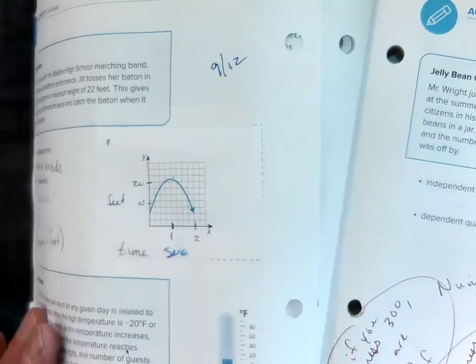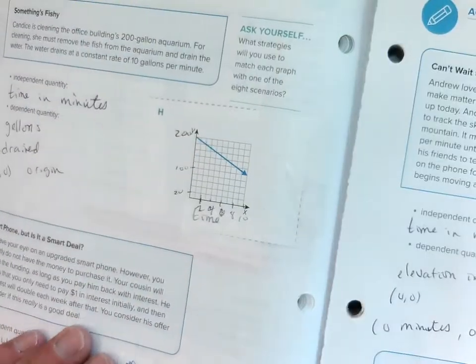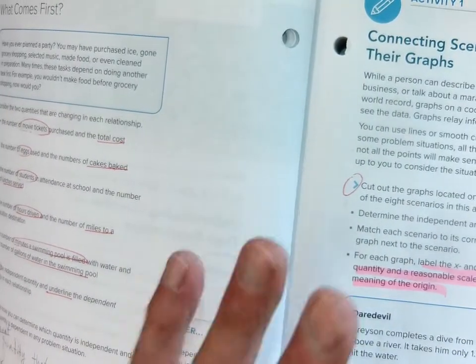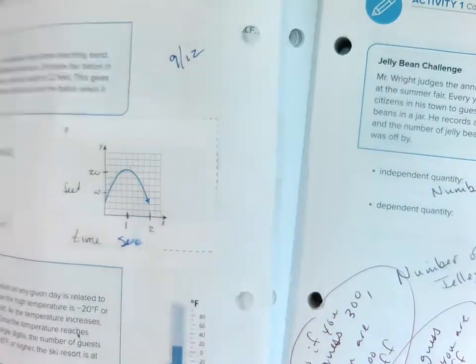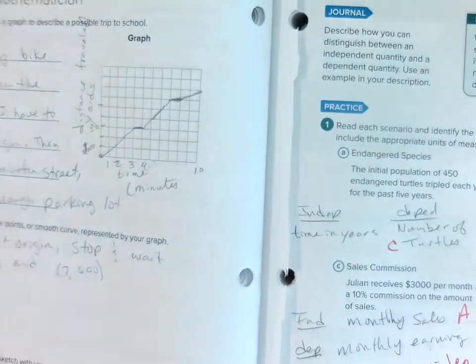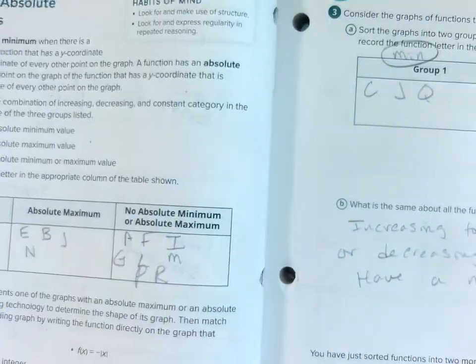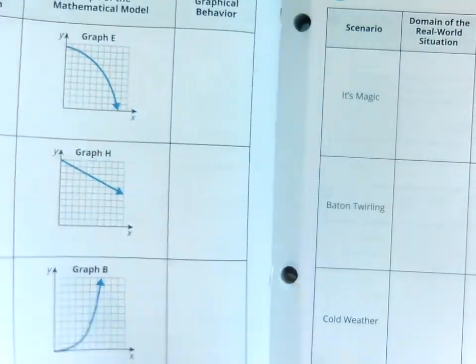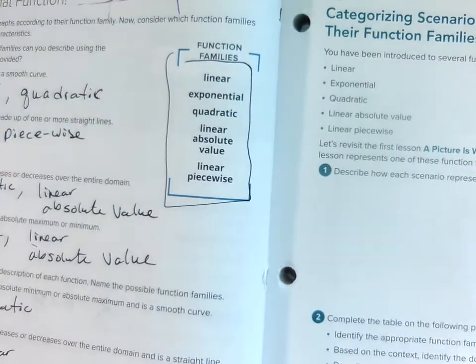And what we did is we talked about the graphs. We got all these graphs. So now we're going to describe these graphs one more time. It says describe how each scenario represents the function.